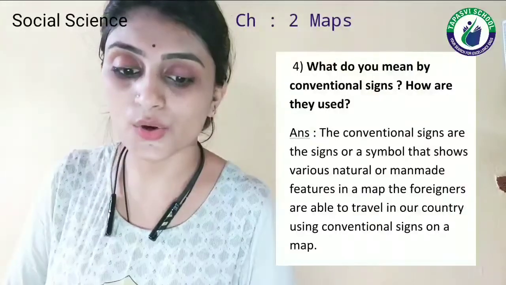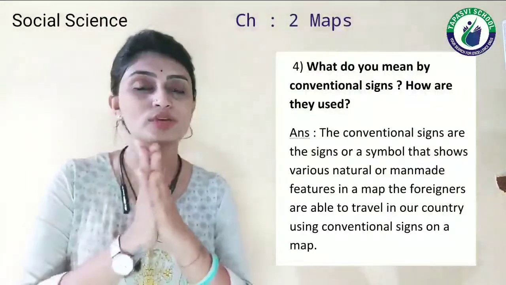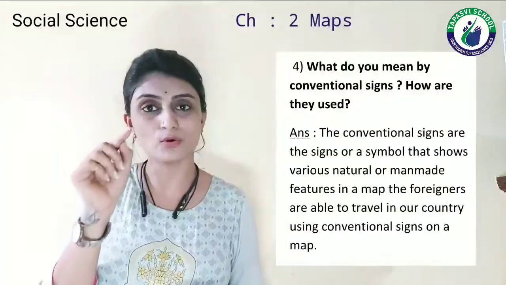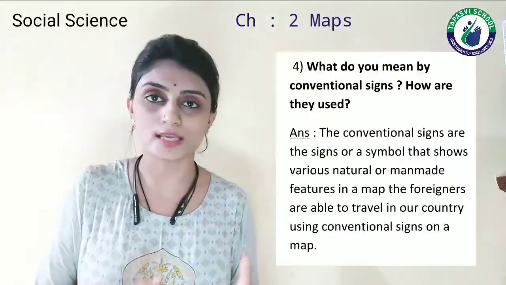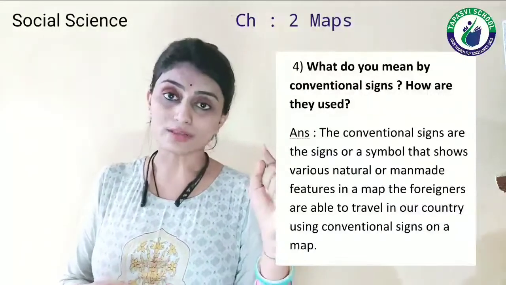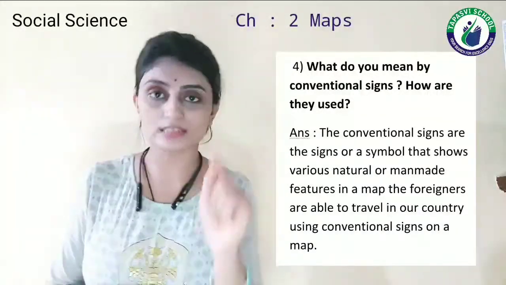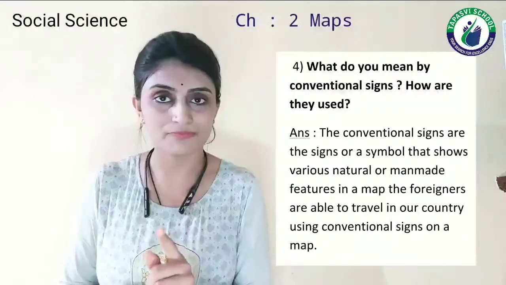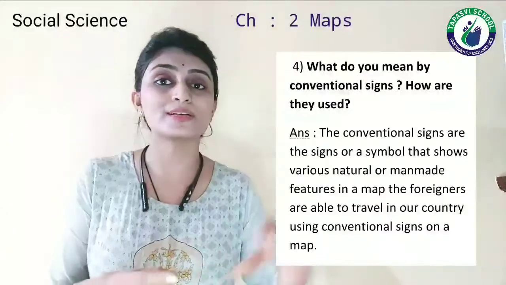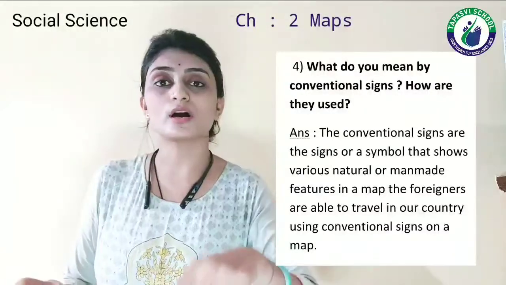Next is, what do you mean by conventional sign and how are they used? A conventional sign is a symbol for particular things. Different things have their own symbol, their own conventional sign, which is drawn on the map. With the help of conventional signs, we get to know about the different things on the map.